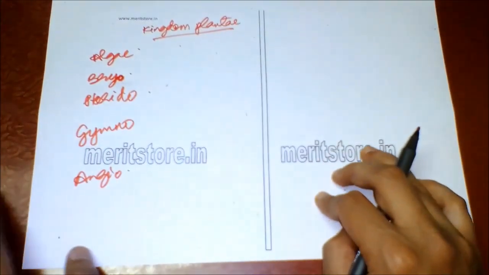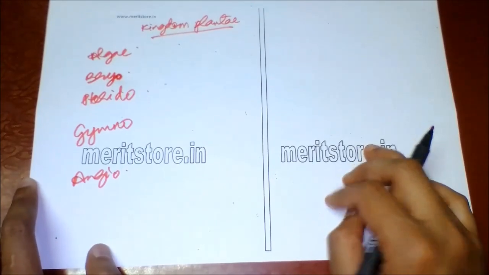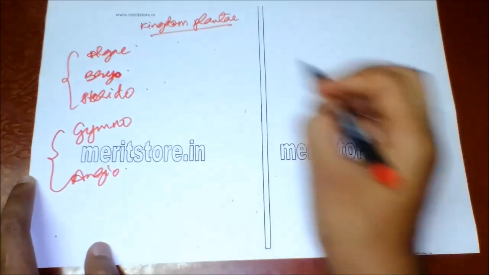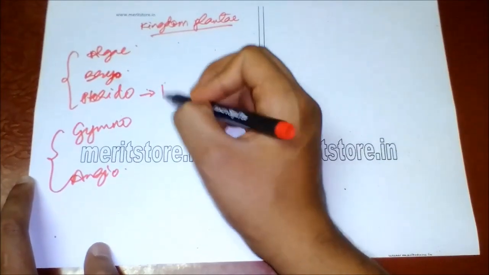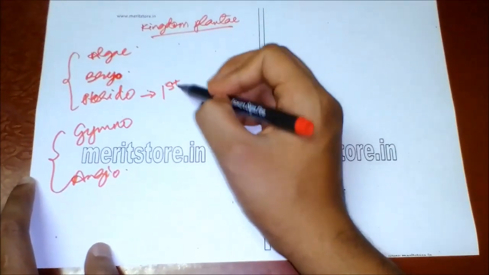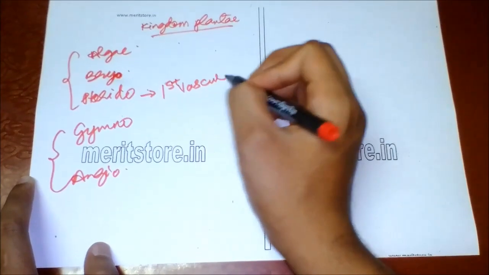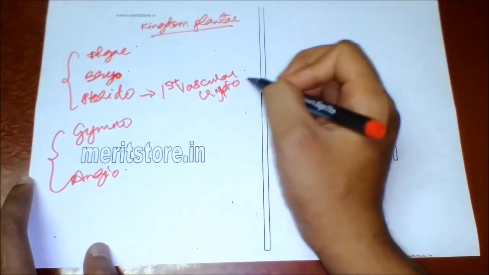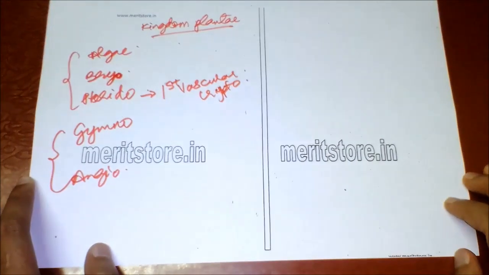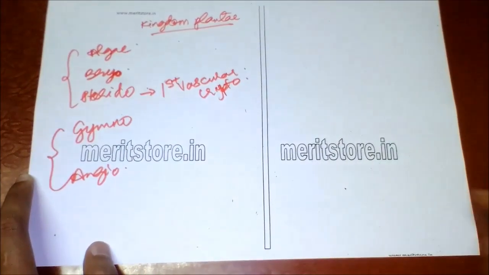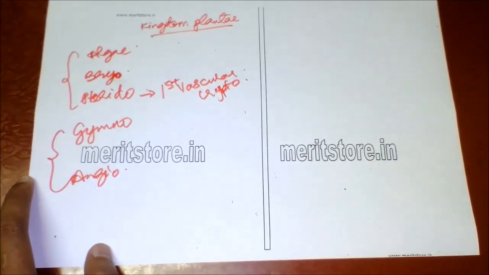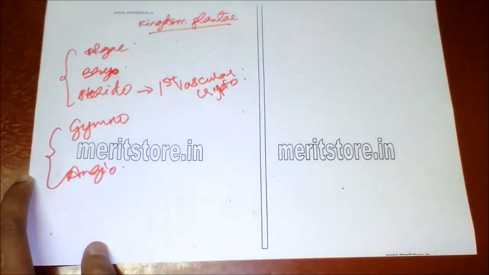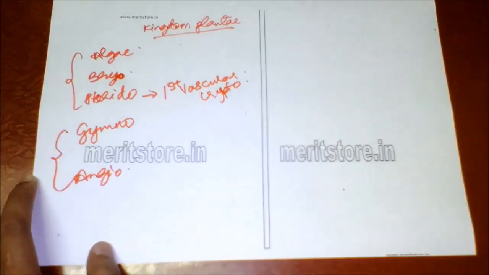And examples of each you have to remember. These two are phanerogamae and these three are cryptogamae. Pteridophytes are the first or only vascular cryptogamae. So vessels were first seen in this, and the type of spores formed by each is also important, and it is mostly asked in recent years.